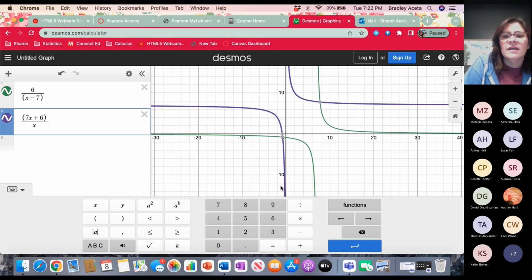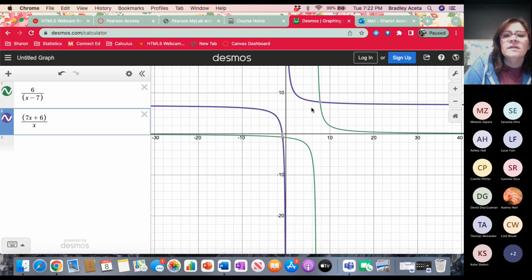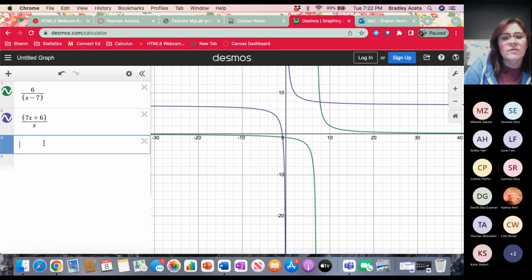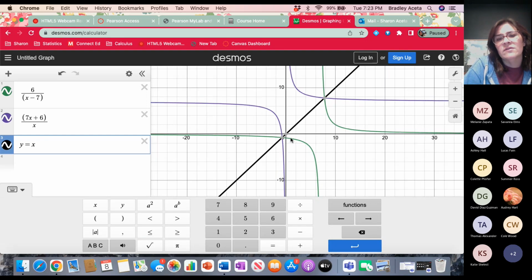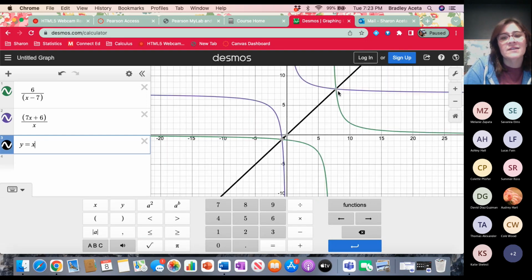And it looks like I now have a vertical asymptote at 0, and a horizontal asymptote at 7. And that makes sense too, based on degrees. And again, you could put this y equals x line right here. They are flipping over that y equals x line, which looks crazy, but they are definitely doing that.